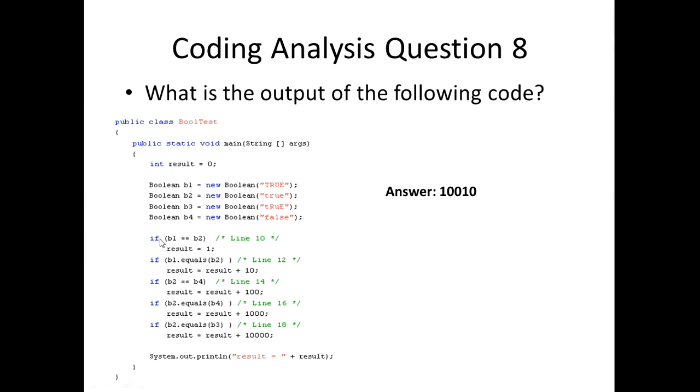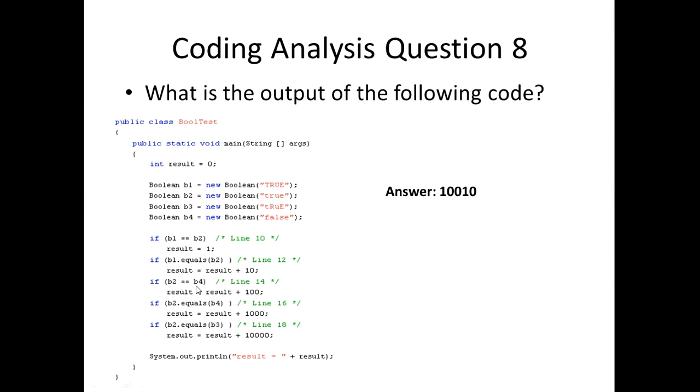It won't even go into it. Now, if we go to the second if conditional, B1 dot equals B2, it's going to compare the content of B1 and B2. They're both true, and we're going to get result plus 10. So currently result will be equal to 10.